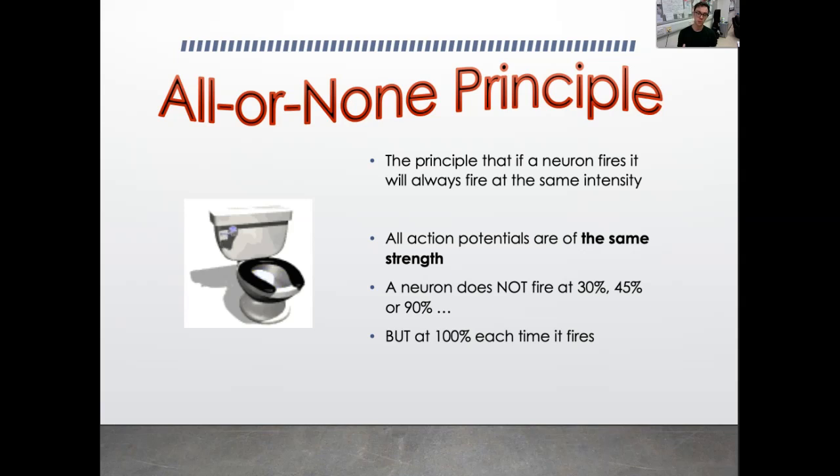And then you have the resting potential when that toilet is now charged and ready to be used again, okay? This is the all or none principle. It either flushes everything down that toilet or it doesn't flush. It can't flush at 30%, okay? Either it's flushing everything down or it is not flushing at all. It either works or it doesn't work. Same thing goes with our neurons. They either work or they don't work.